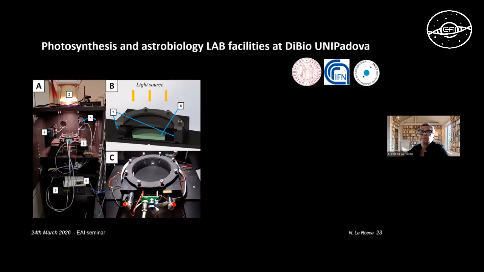Now the setup is much more complex than at the beginning, and we have light simulators combined with the atmosphere simulator chamber, where the organisms can be grown under the light source that we decide to apply and under a specific atmosphere.